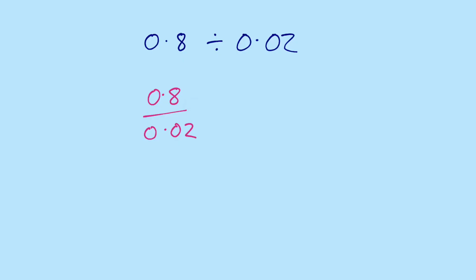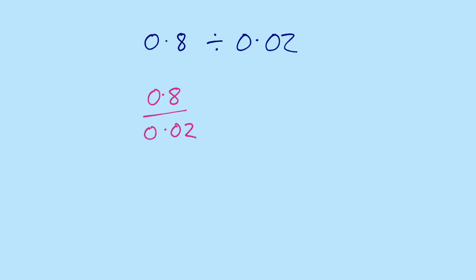Now what I'm going to do next is multiply the top, the 0.8, and the bottom, 0.02, by a multiple of 10. Don't forget, if you multiply the top and the bottom of a fraction, it must be the same number. That means if I times the top by 10, I would have to times the bottom by 10.